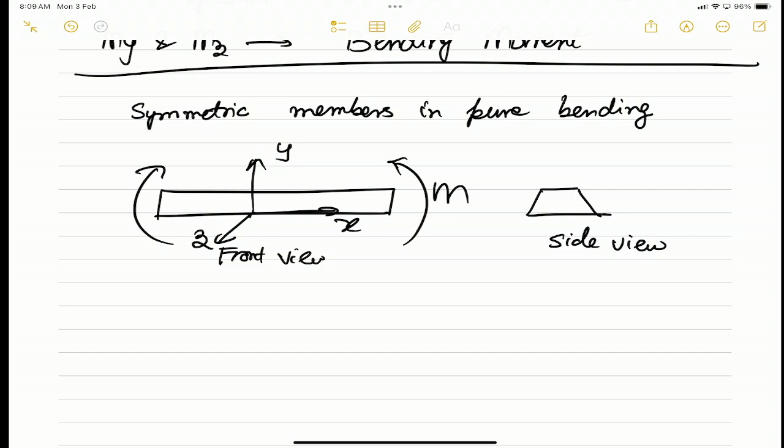What I mean by pure bending is that if I cut a section, the only force coming at that section is a bending moment about one of the two axes, and here the bending moment is acting about the z axis. Okay.